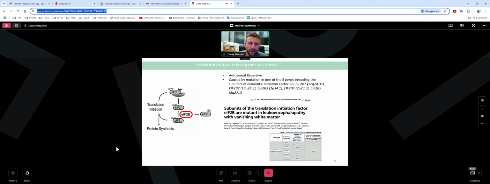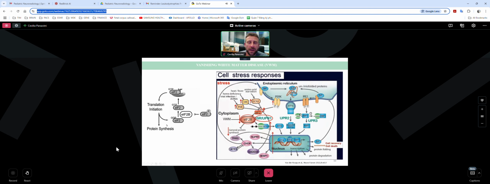both impaired in vanishing white matter, which is an autosomal recessive condition due to mutation in one of the 5 genes encoding the subunits of eukaryotic initiation factor 2B. eIF2B is very important to start the protein synthesis, but during a stressor event, eIF2B is inhibited, and this leads to a reduction of the protein synthesis, which is a very important effect because it allows saving energy needed for other cellular processes.